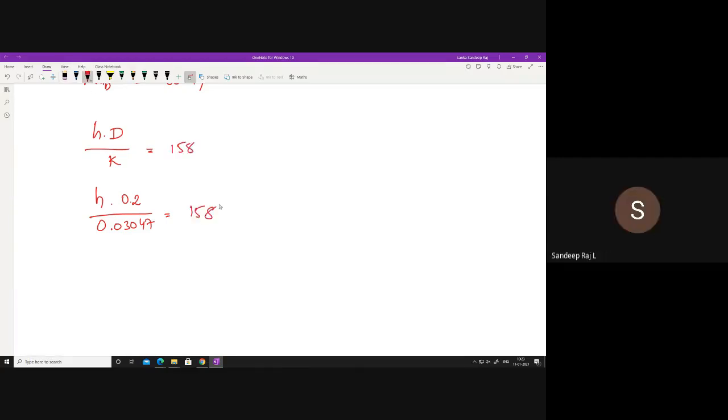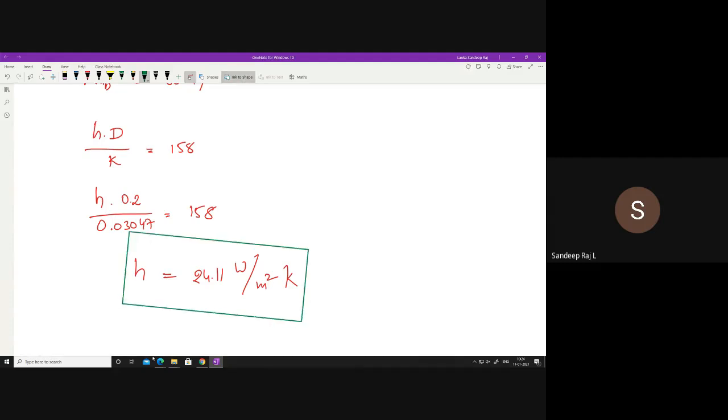Tell me what is the value of h. 24.11 watt per meter square Kelvin. This is the value of h.